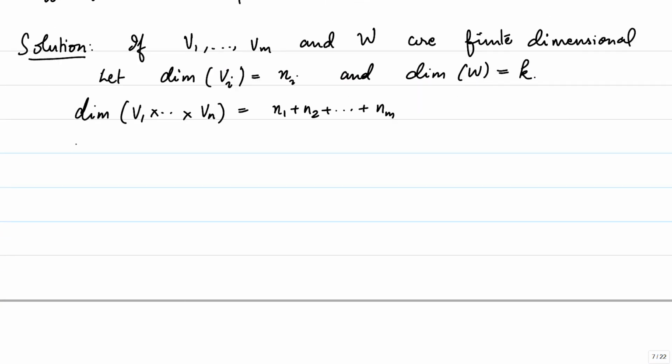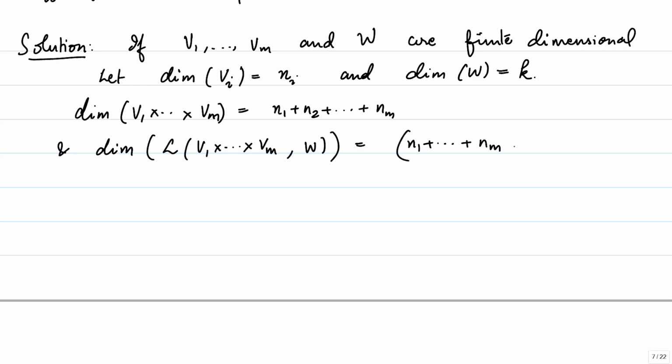And what is the dimension of L of V1 cross up to Vm comma W? I think I made a mistake here, it's Vm. If you go back to the material from your previous weeks, this vector space will have dimension N1 plus N2 up to Nm times K. Now what is the dimension of L of Vj comma W?